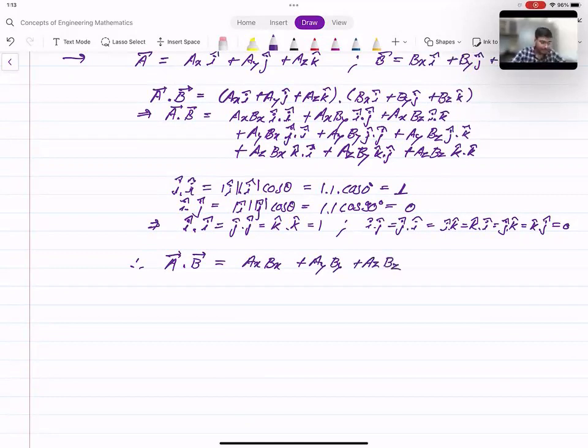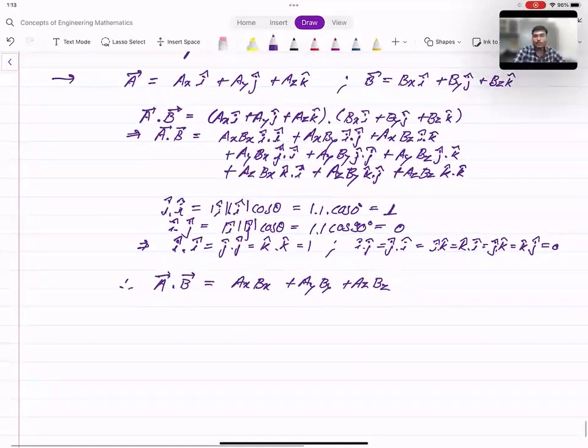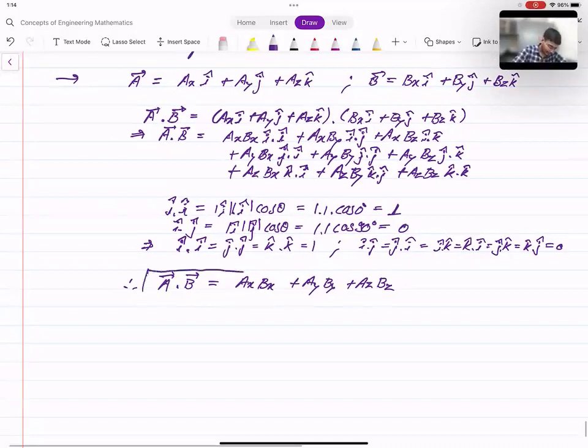Okay, so this is how the dot product is evaluated. So if we are given two vectors, then to find the dot product we simply need to multiply the corresponding components, means x component multiplied with x component, y component multiplied with y, and z with z. Okay, so in this way the dot product can be obtained.